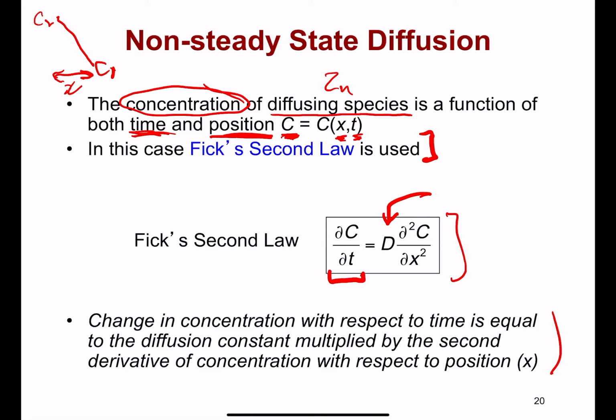Okay, so let me say that all again. Change in concentration with respect to time is equal to the diffusion constant multiplied by the second derivative of the concentration with respect to position x. So hopefully you can see here that the left-hand side has some dependence on time and a component of the right-hand side has some dependence on the position.